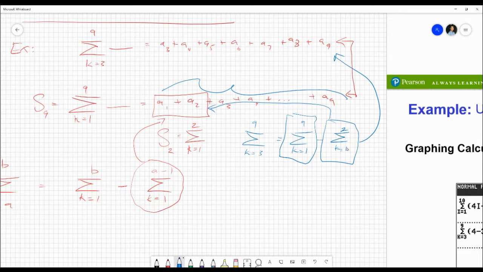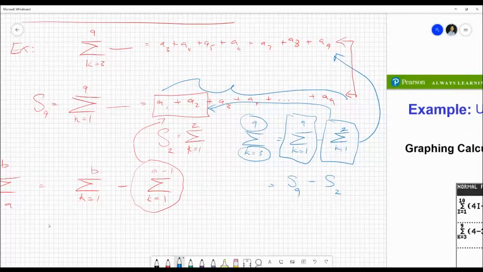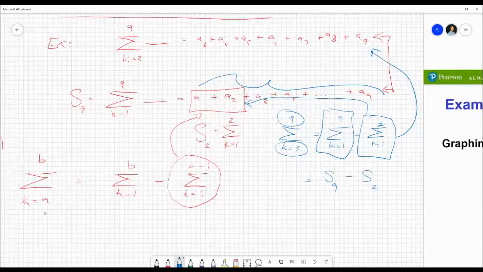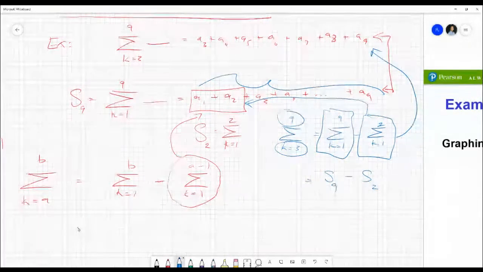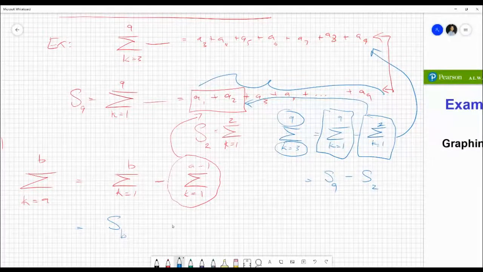All right, now I can rewrite this. This right here is S of 9. This right here is S of 2. How did I get that? From the starting term and the ending term. So look at the formula that I had here. From A to B, this right here is S of B. This right here is S of A minus 1.